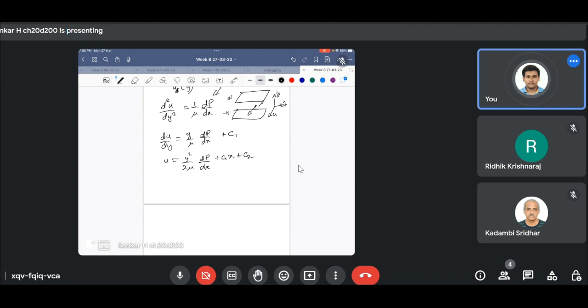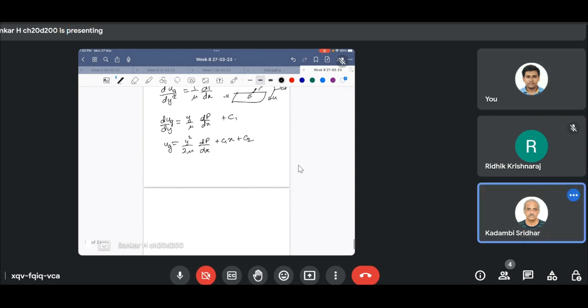Now, I am solving only for ug here. What boundary conditions can I use here?